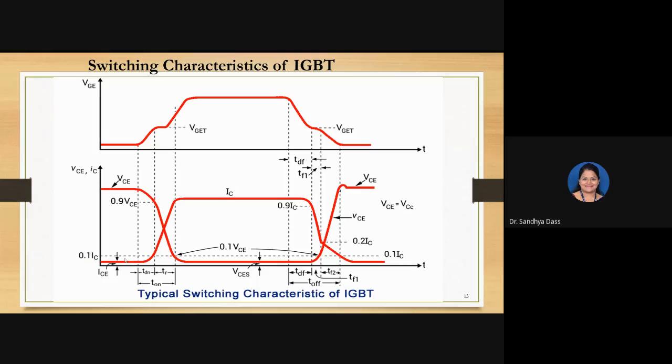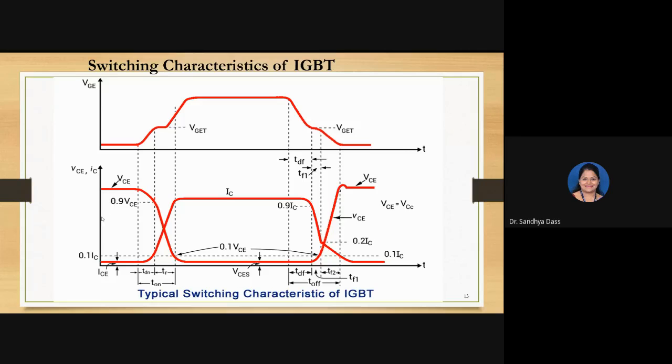When the device is turned off, the output current will ideally be zero, but the voltage across the device will be maximum. Are you able to interpret that?